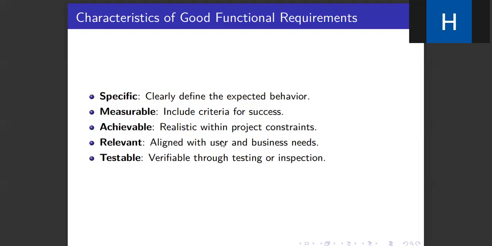And it should be measurable. What kind of measurability do we have? We should have a success criteria. What we are saying is how we tell this functional requirement is a successful functional requirement after implementation, post implementation. Post implementation, it's successfully implemented, so it's measurable.